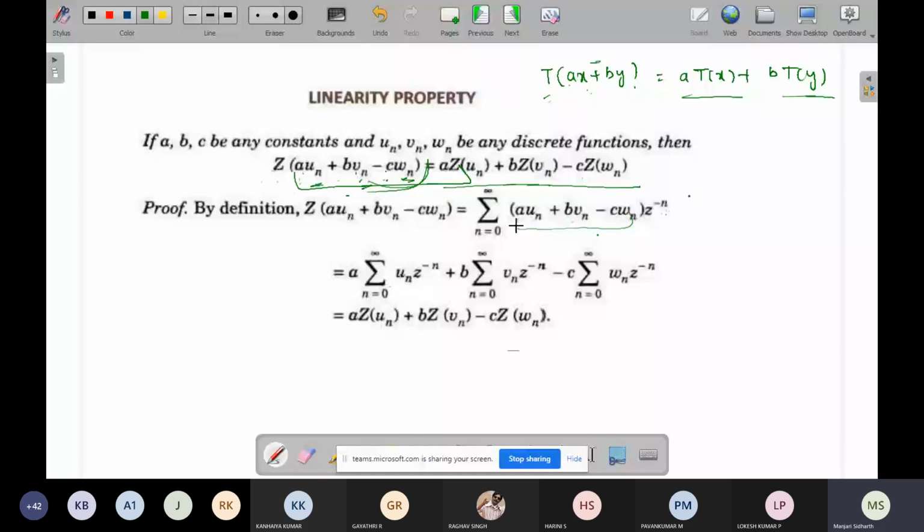Because a is independent of n, you can take a outside, b outside, c outside. This is the formula of the z transform of u_n, v_n, w_n. So it is your linearity property.